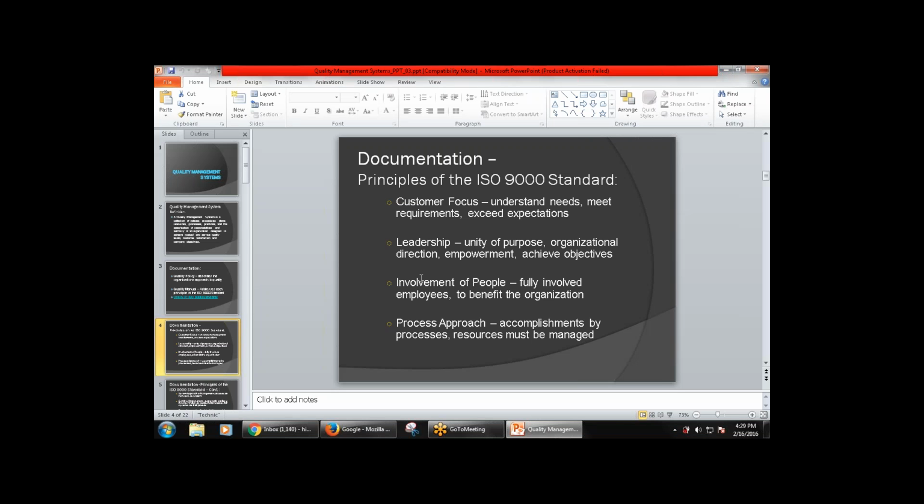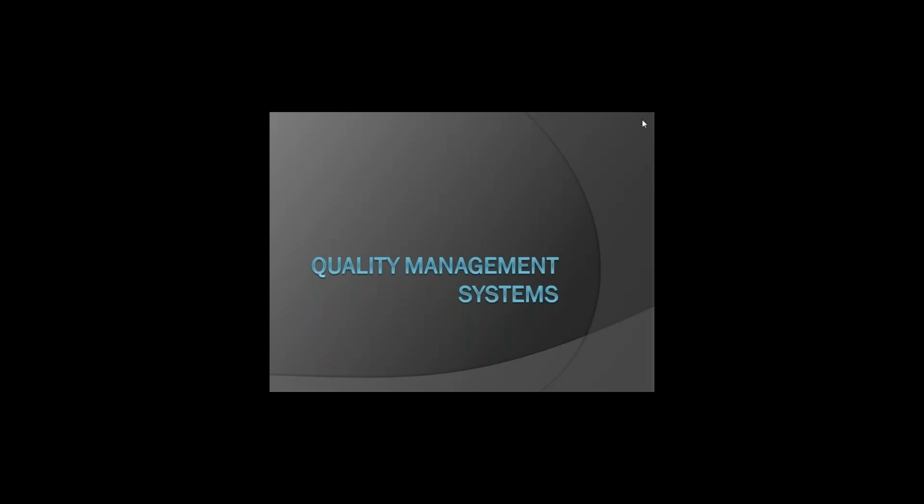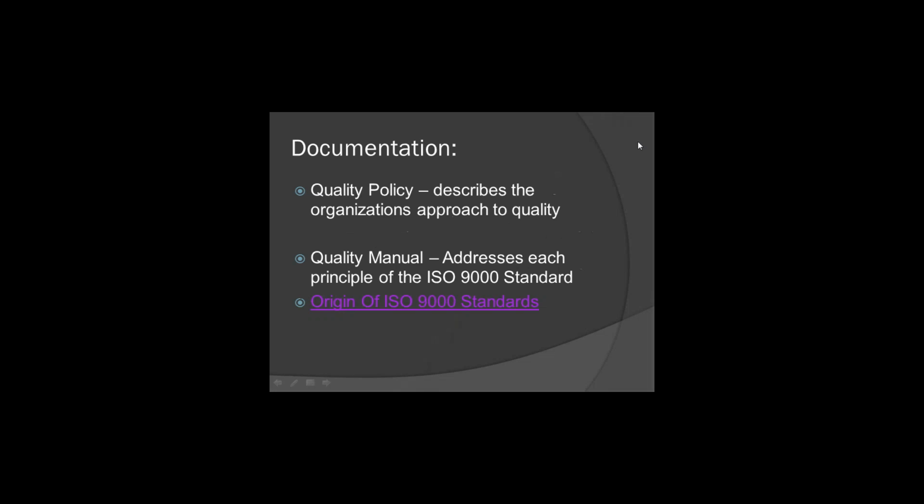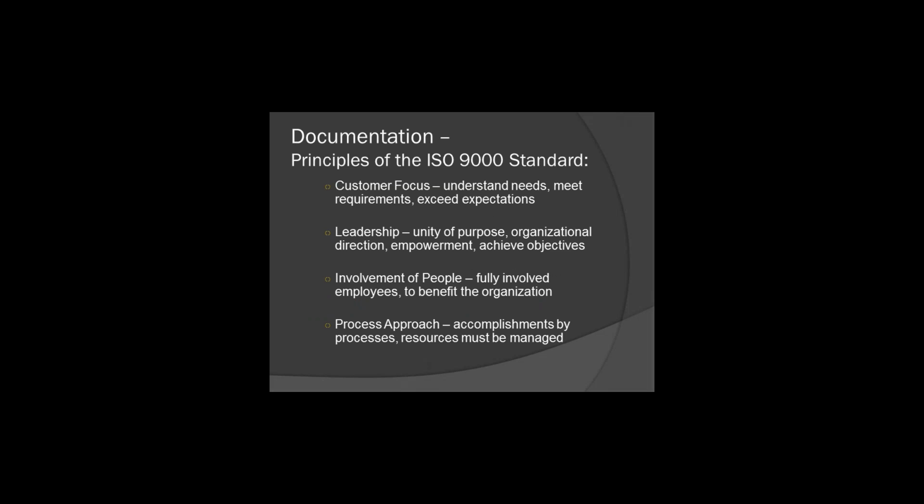So these are the various principles. These are the various documentation parts that are carried out with the standard, that is how the different organizations apply the various principles of the ISO 9000 standard.